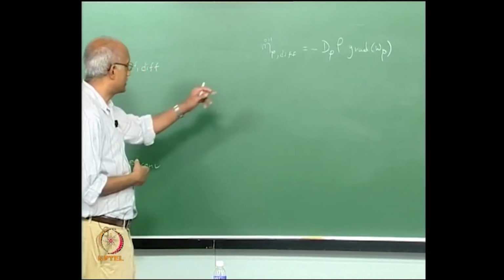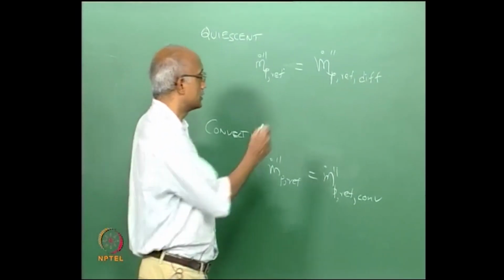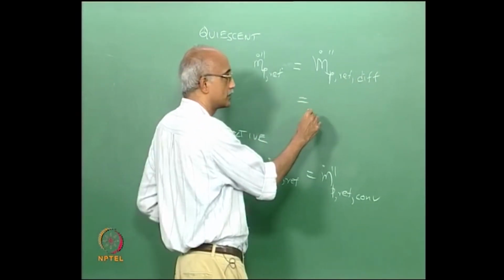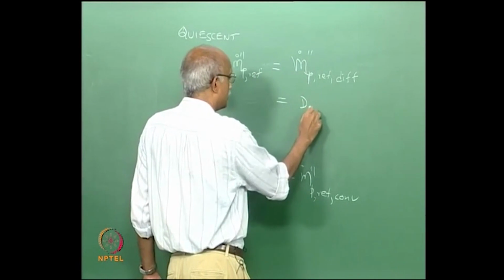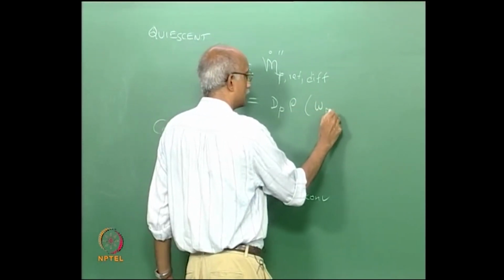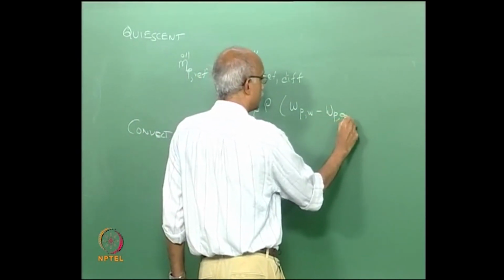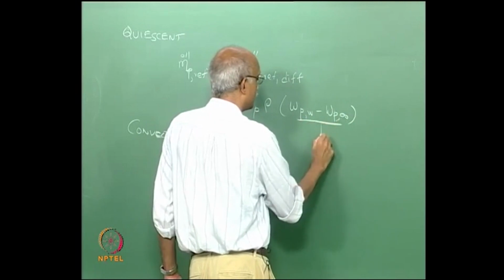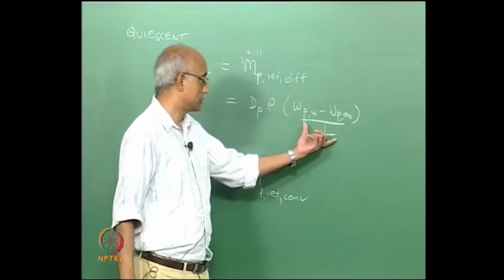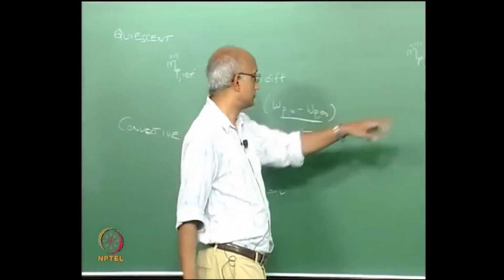So from this, what would you establish as a reference flux? The reference flux is going to be D_p times rho times (omega_p at the surface minus omega_p far away from the surface), the whole thing divided by L. So the term within the parenthesis is a reference value for the gradient.